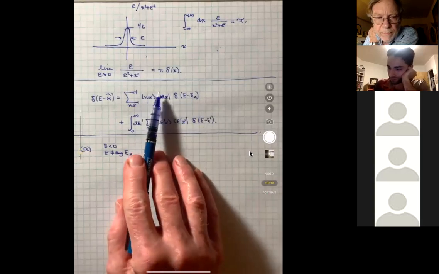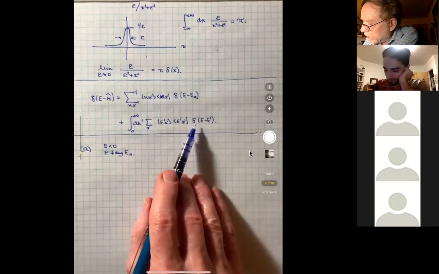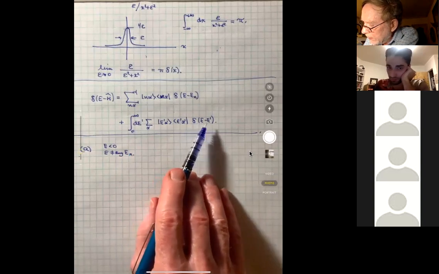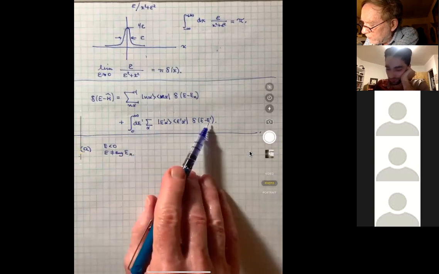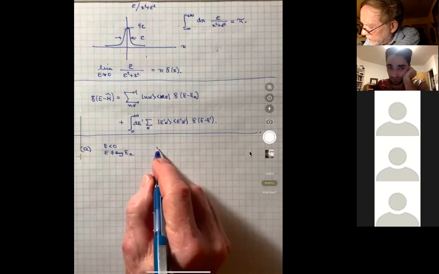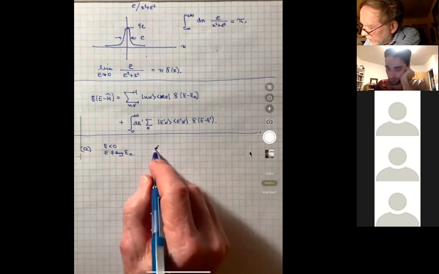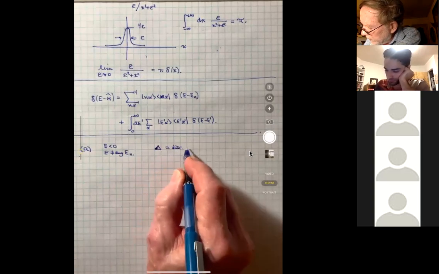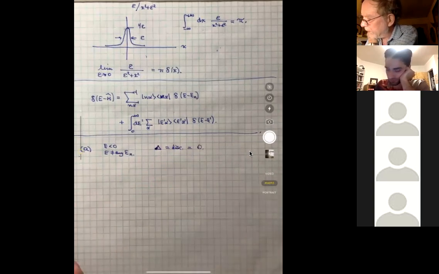That goes away. The delta function in the positive energy term is also 0 because E is negative and E prime, the variable of integration, is positive. And so here you get 0 plus 0. So the answer is that this discontinuity is equal to 0. Let's call delta the discontinuity. It's equal to 0 in case A.